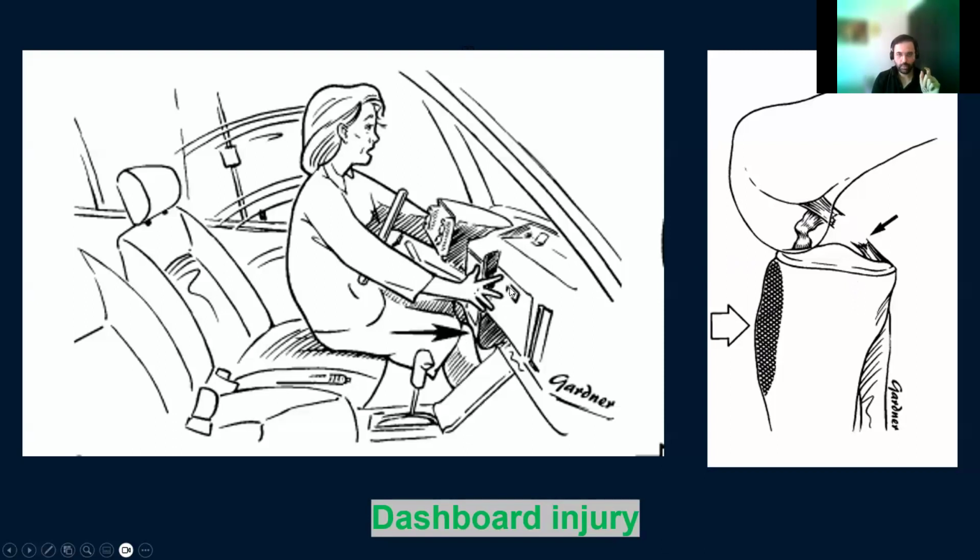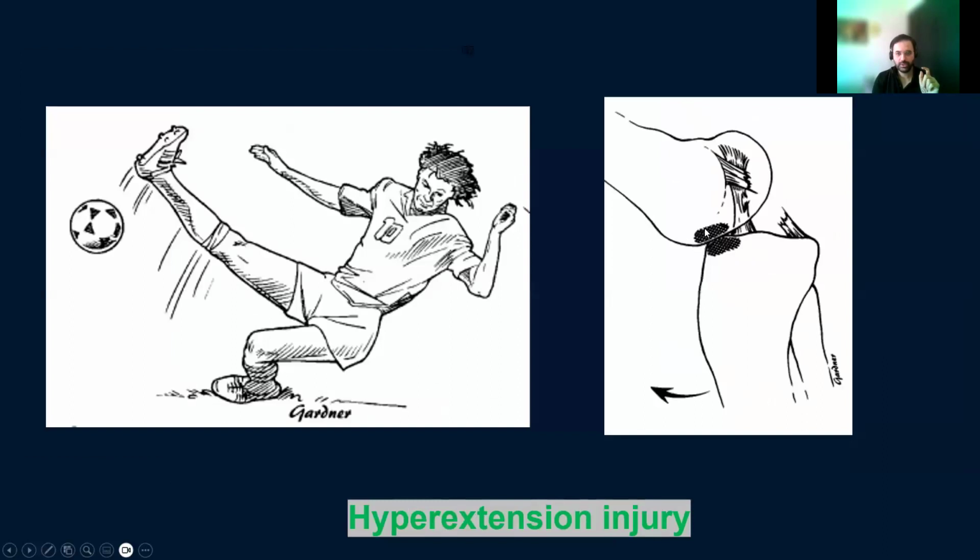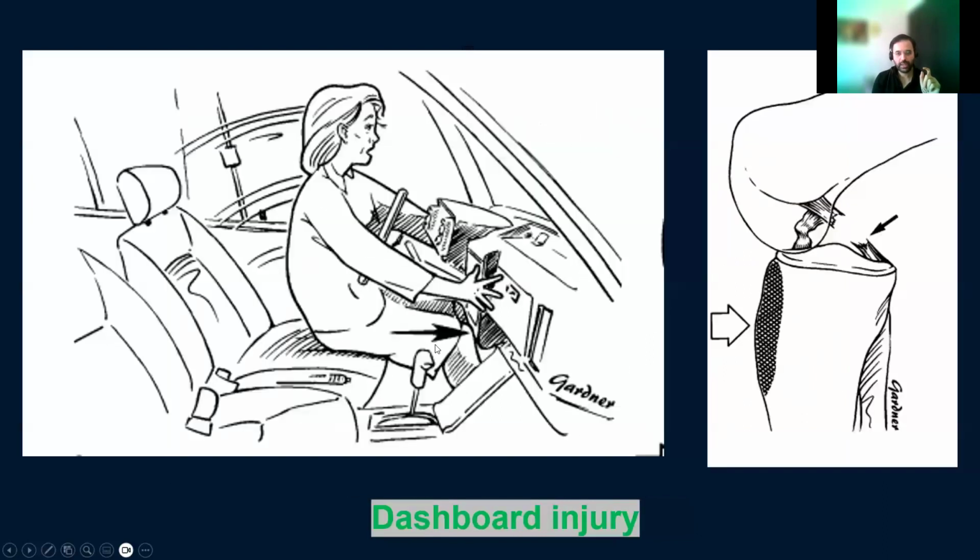Hyperextension injury has bone marrow edema at the femur and tibia, and a posterior cruciate ligament tear. Whereas here, because of the mechanism of injury, you do not have marrow edema on the femur, you only have it on the tibia, and you have a posterior cruciate ligament tear. So that's another way of asking the question, depending upon the bone marrow edema pattern, right?